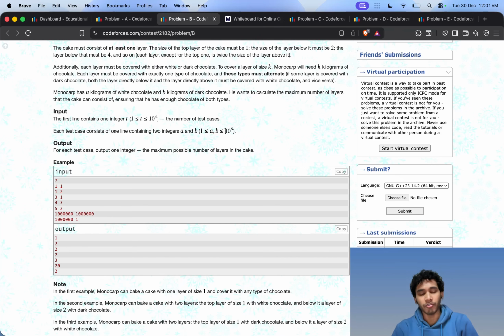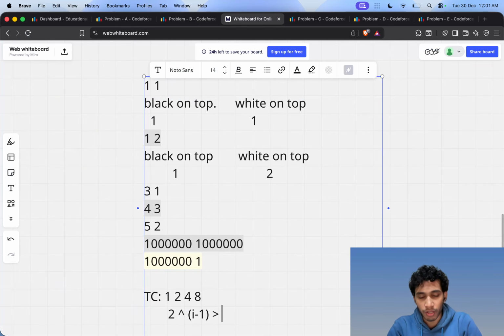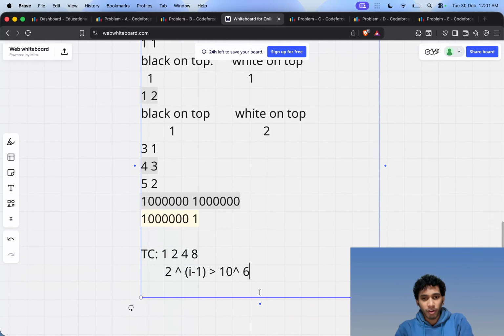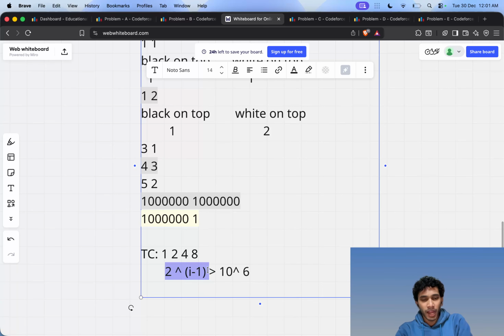So max of A comma B, what will that number be? That number will always be smaller than 1e6, that is 10 to the power 6. So what is the I for which 2 to the power I minus 1 will be greater than 10 to the power 6?